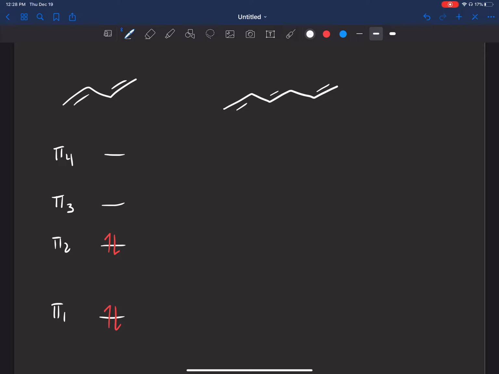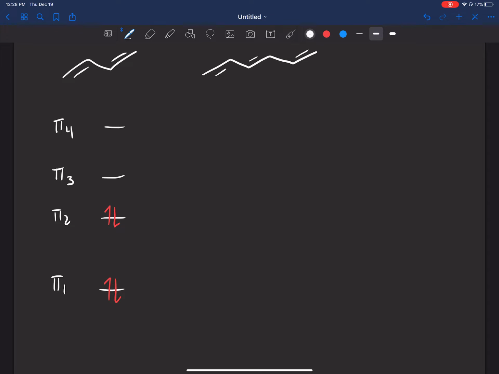Hexatriene. All right. So this has 3 conjugated double bonds. Butadiene had 2. And now we're going to draw all those orbitals, the electrons at least. You can draw the orbitals if you want on your own.